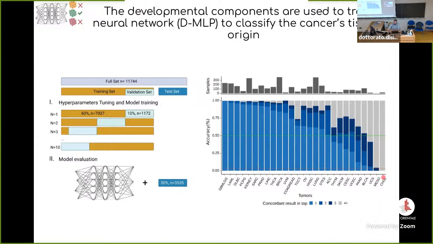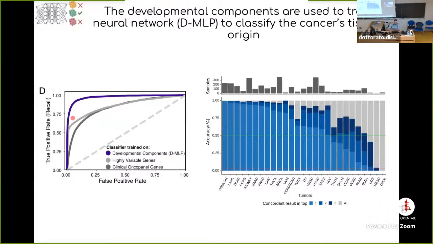And the other one is the cholangiocarcinoma, which is very linked to liver carcinoma, but on the other hand, the gallbladder, which is the organ that creates this tumor, is not present in the data set that I use for the developmental deconvolution. So basically, our interpretation is that we are lacking the information that makes this tumor recognizable to the eyes of the algorithm.